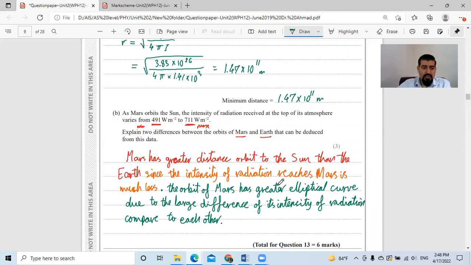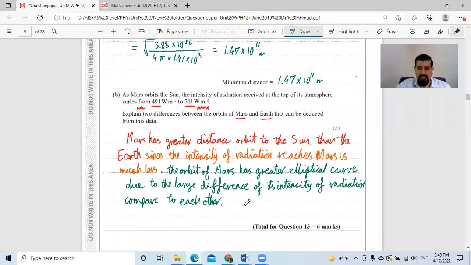When we say that's more curved, that means more elliptical. You can write it in a different way. Instead of saying has greater elliptical curve, you can say more elliptical. Yes, more elliptical.